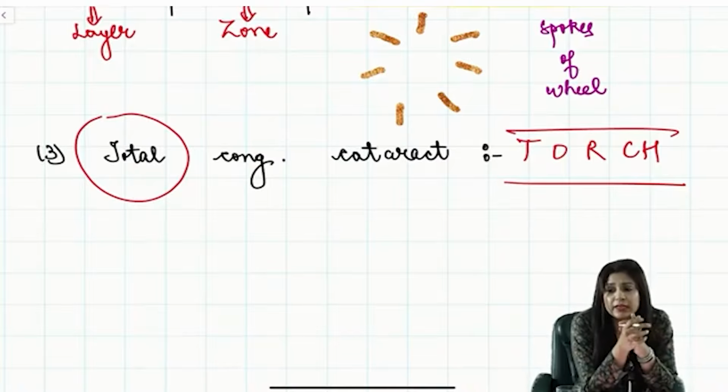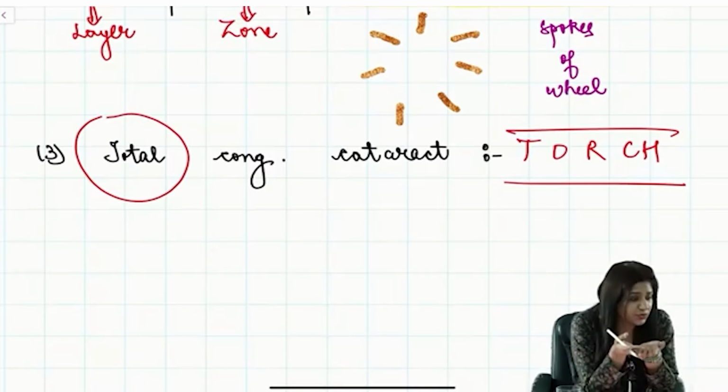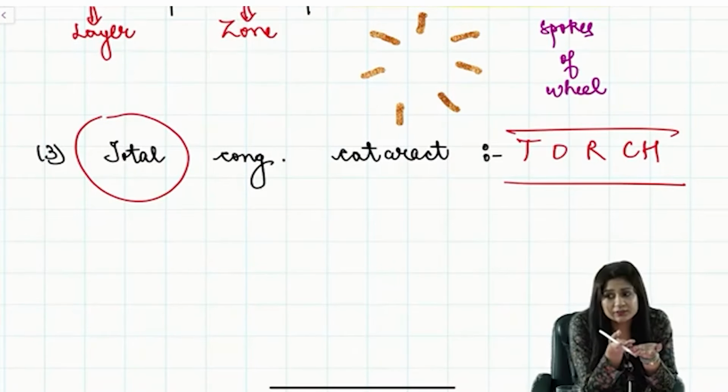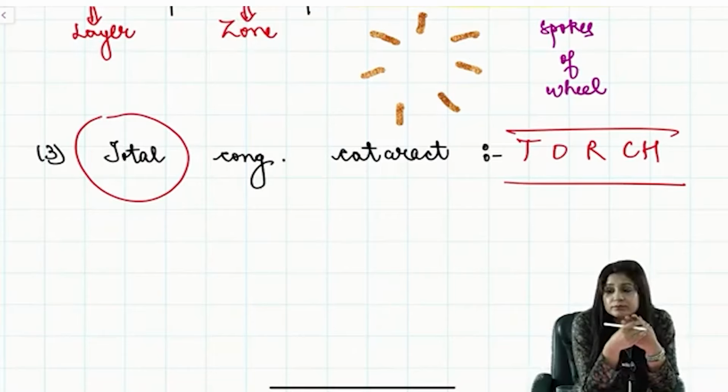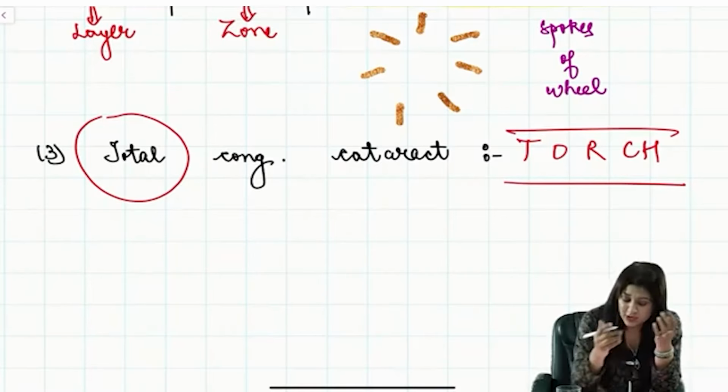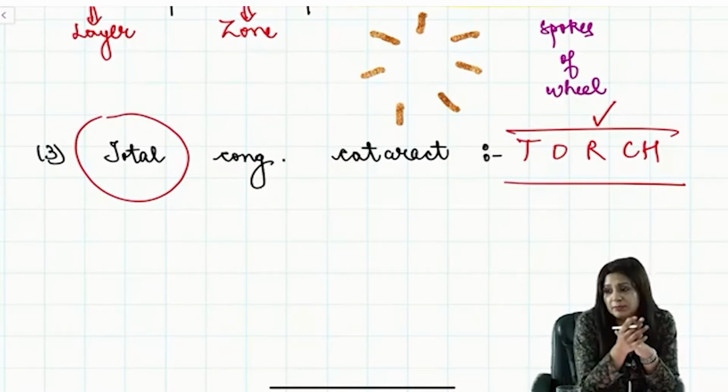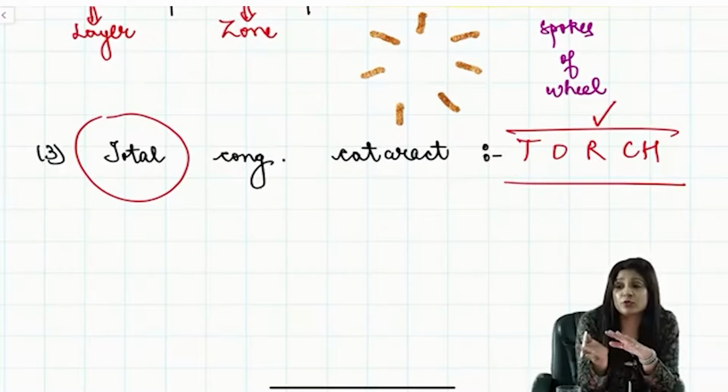Pediatric group of infections which can pass the placental barrier and cause congenital malformations, of which the most severe is rubella, because here we can have rubella syndrome.